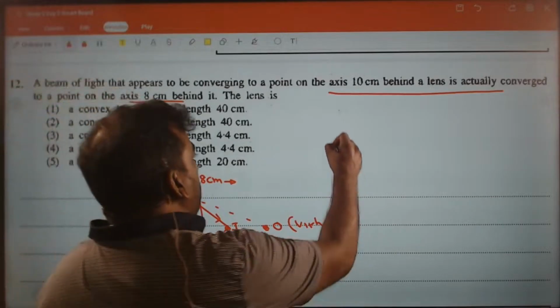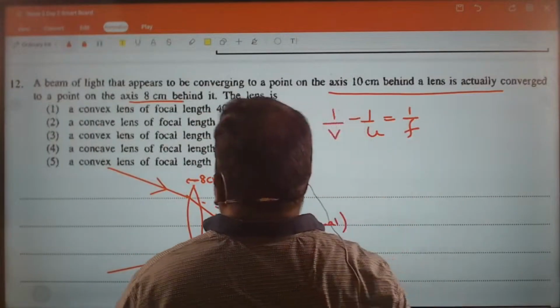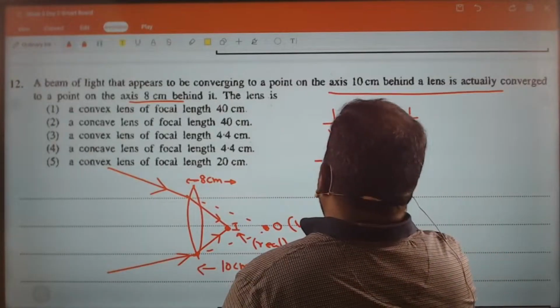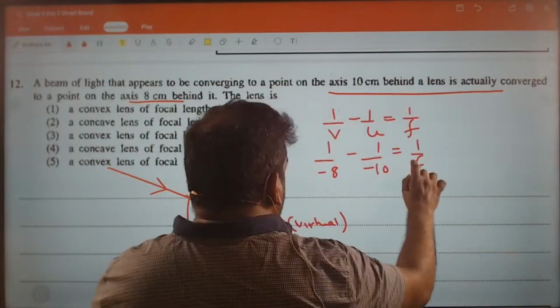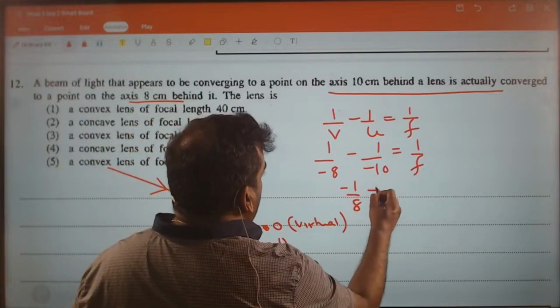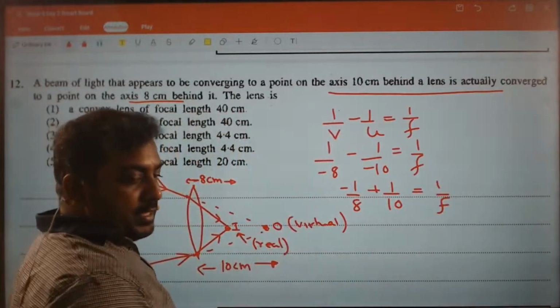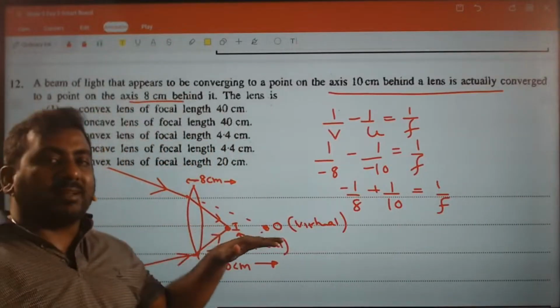Now apply the lens equation: 1 over v minus 1 over u equals 1 over f. Object distance is in the direction light travels. Image is also formed in the direction light travels. Focal length we don't know. Without putting the sign convention, minus 1 over 8 plus 1 over 10 equals 1 over f.